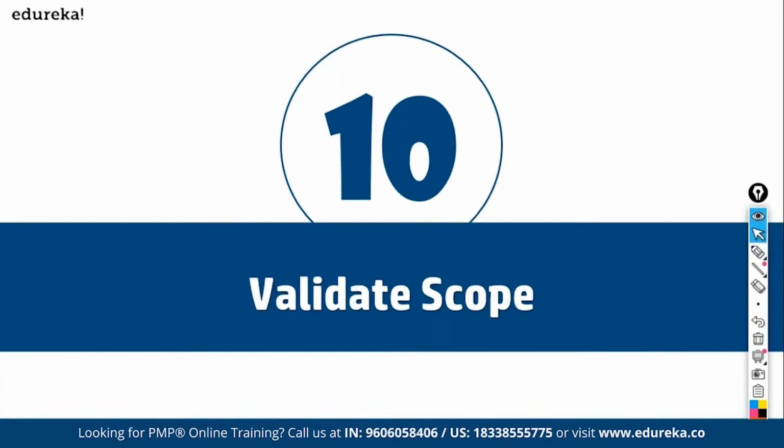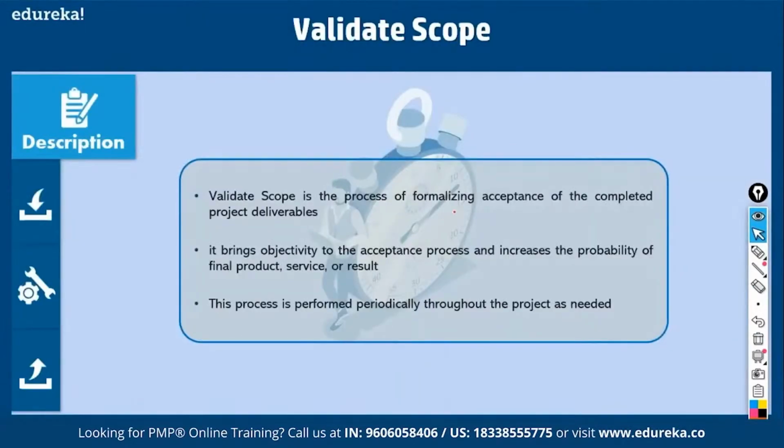That is the process of formalizing acceptance of completed project deliverables. It could be interim deliverables, requirement documentation, design documentation, or it could be the final deliverable, anything. It brings objectivity to the acceptance process.